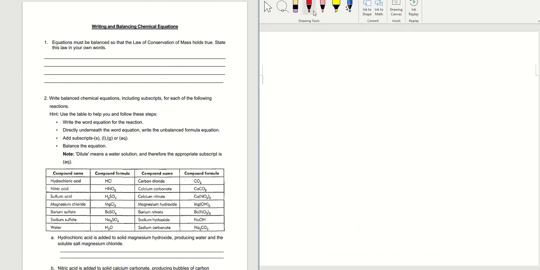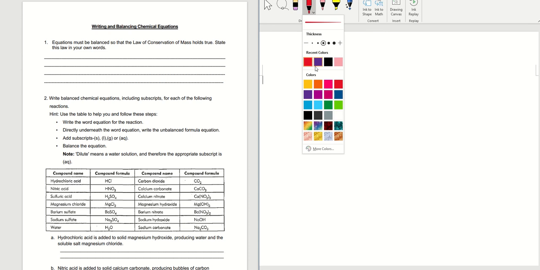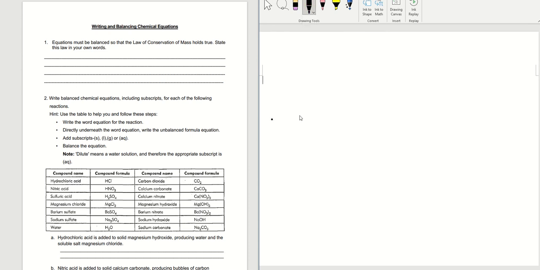So the next thing we go to is understanding the rules of writing chemical equations. So let's look at some of the rules first. Rules of writing chemical equations.